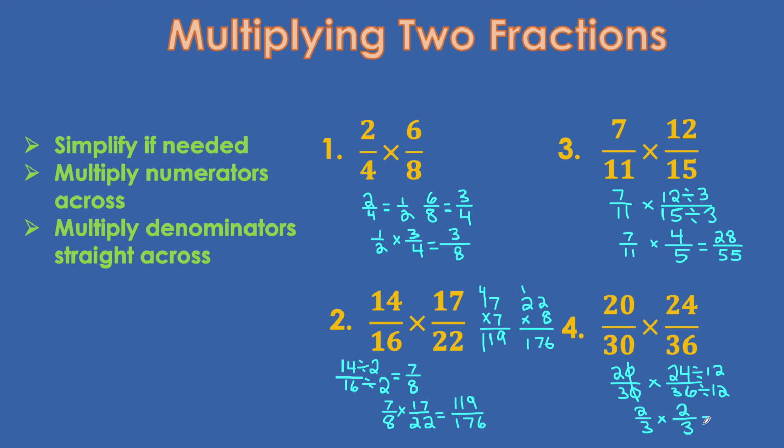Multiply straight across. First multiply the numerators. 2 times 2 is 4. 3 times 3 is 9. So our final answer is 4/9.